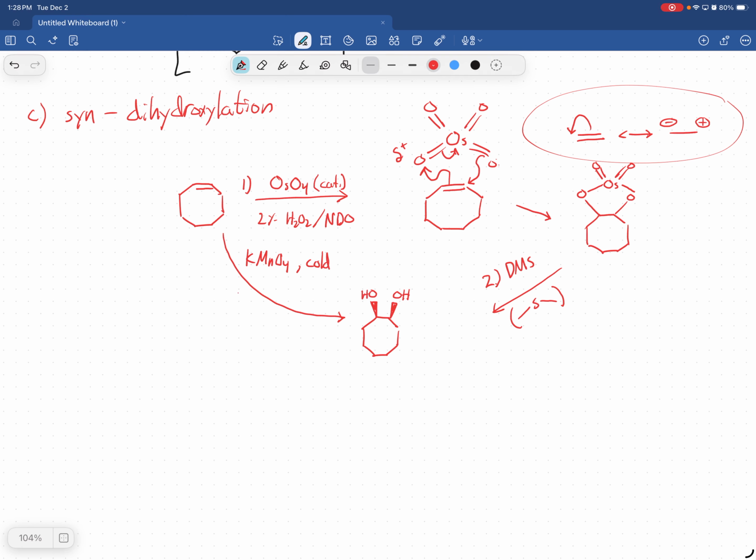Okay, so sodium hydroxide. As long as you do it in basic conditions and cold, you can get the same product, but it's kind of overly reactive, so it's not very useful in synthesis. But you can do it if you control it. Okay. All right.